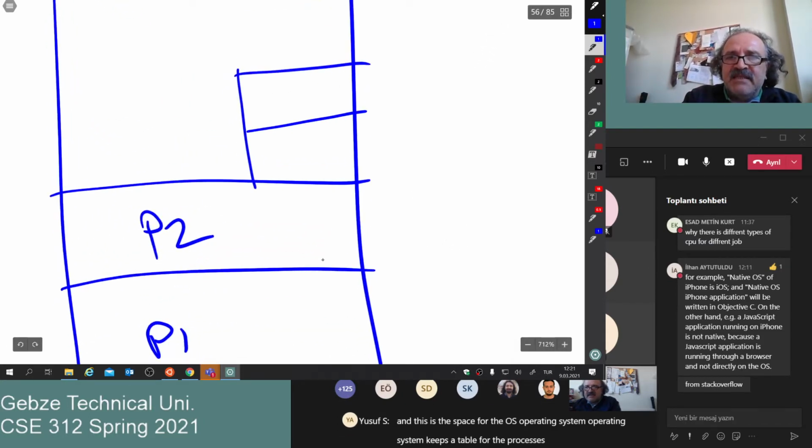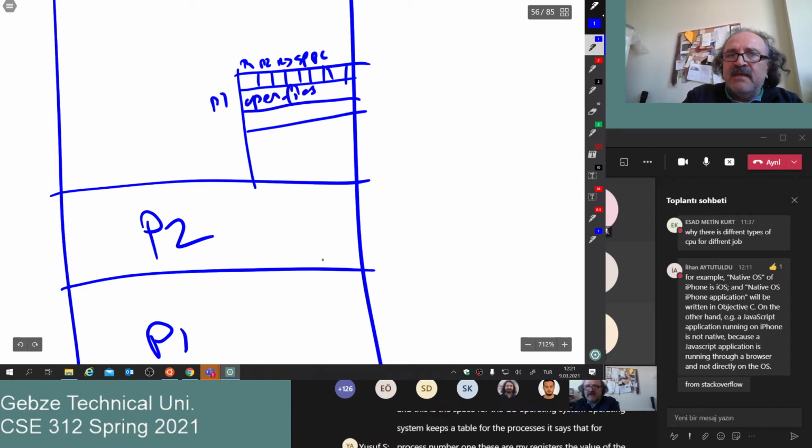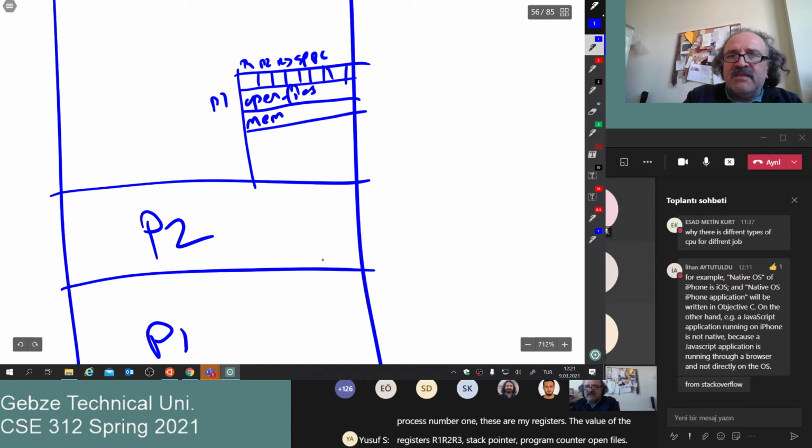For process number 1, these are the values of the registers: R1, R2, R3, stack pointer, program counter, open files, other memory-related info, etc. This is for process 1.